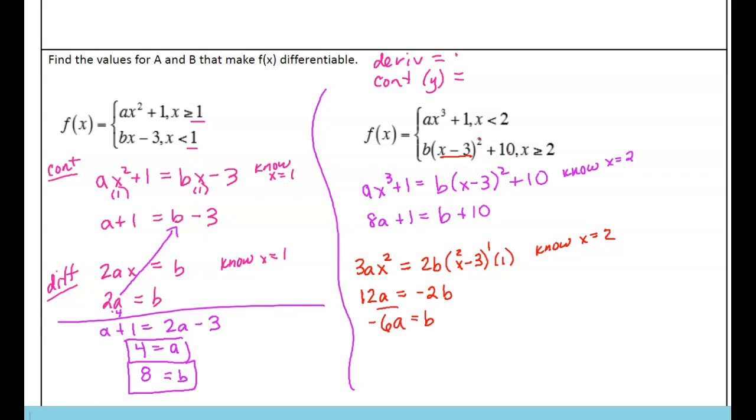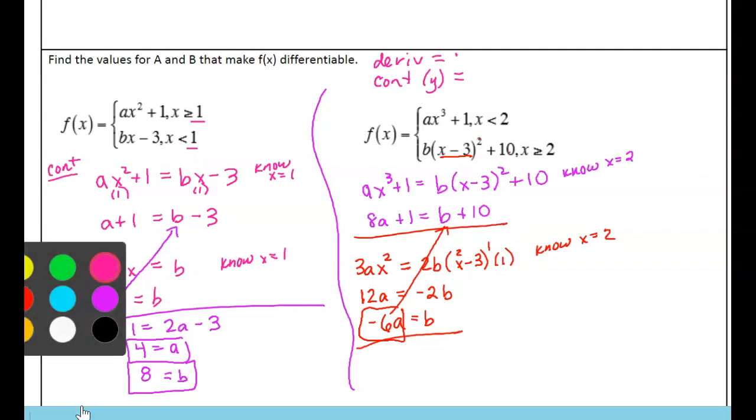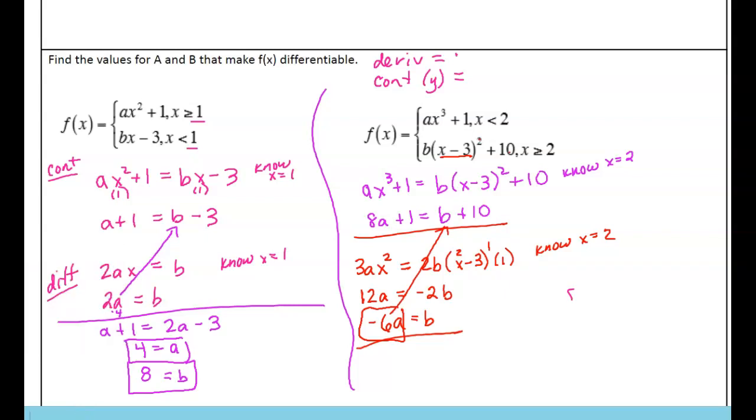And so once again, this is also kind of set up. We know both of these, and it's set up for substitution pretty nicely. So 8a plus 1 equals negative 6a plus 10. Add 6a, subtract 1. So a equals 9 over 14. I know it scares people when you get fractions, but you're in calculus.